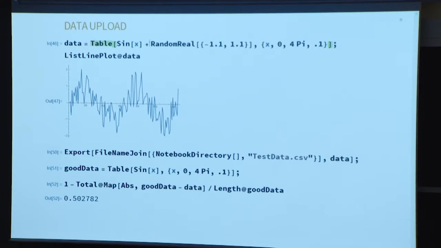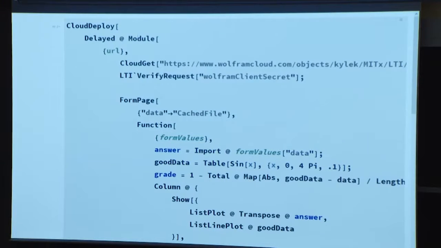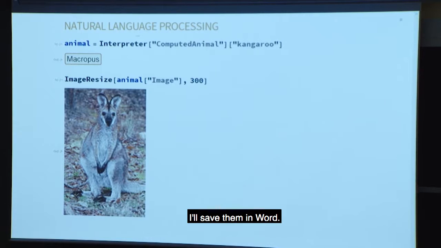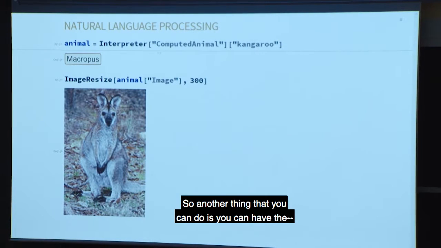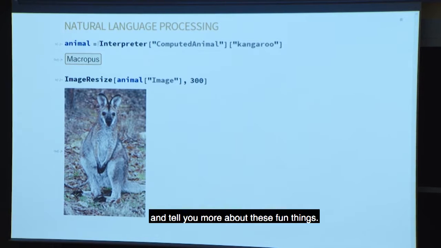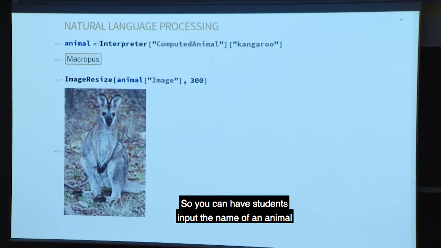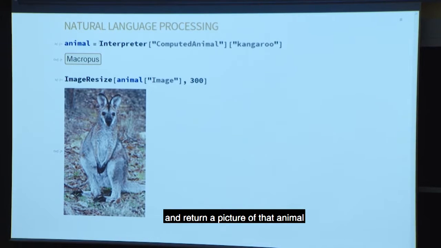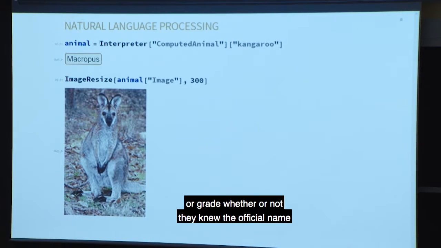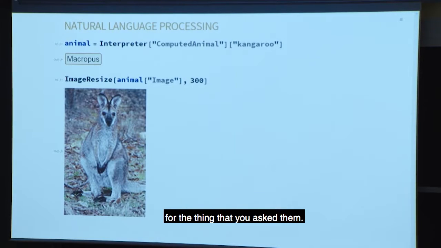And the other, I should skip these. All right. I'll skip these things. I'll say them in words. So another thing that you can do is, and Peter's going to take the mic in a moment and tell you more about these fun things, you can have students input the name of an animal and return a picture of that animal, or grade whether or not they knew the official name for the thing that you asked them.